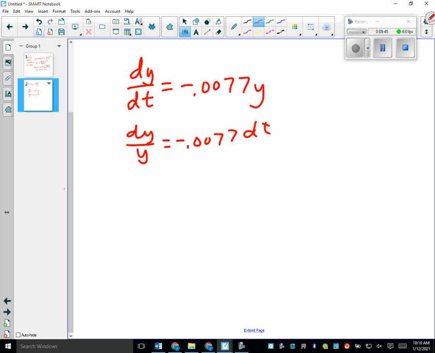Agreed? 1 over y equals negative 0.0077 t plus c. But because I don't know the values, and this is a half-life, do not worry about the plus c. I get to this equation.